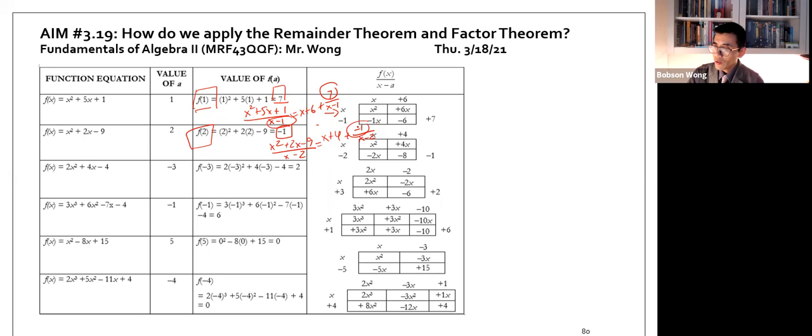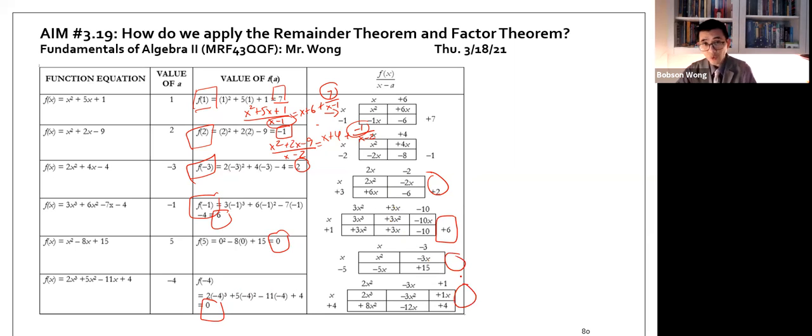And again, this remainder, negative 1, is equal to the output value here. And so we see this pattern for all of the functions here. And in this case, we sometimes get f of a equal to 0, and also we get no remainder here.